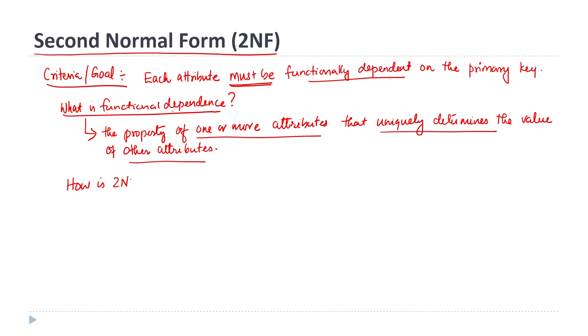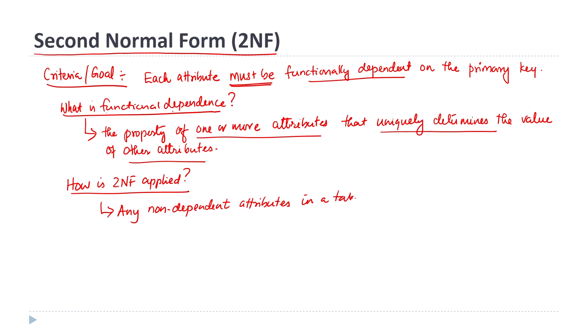Then how is 2NF applied? How do you apply this? The application part of 2NF is pretty simple. Any non-dependent attributes, meaning any functionally non-dependent attributes in a table, are moved into a smaller table, or a subset table.